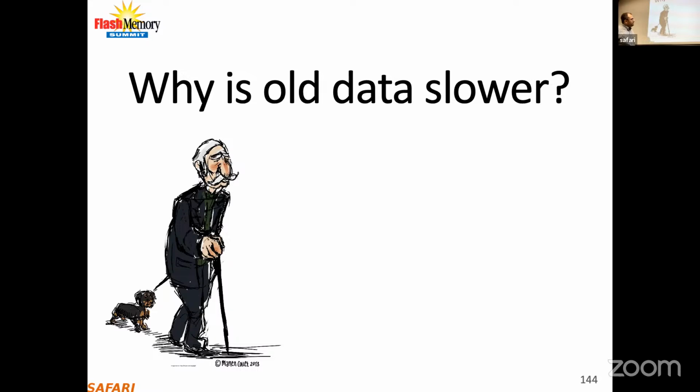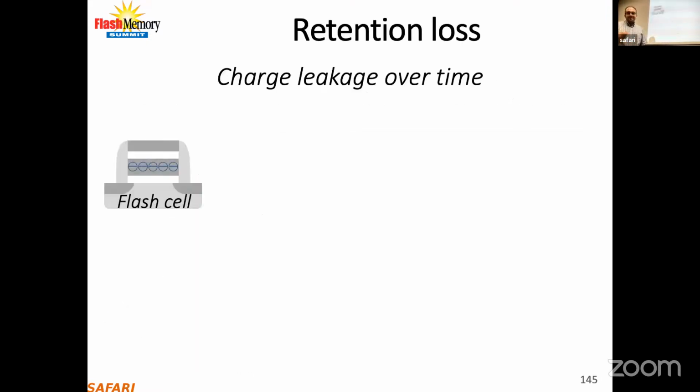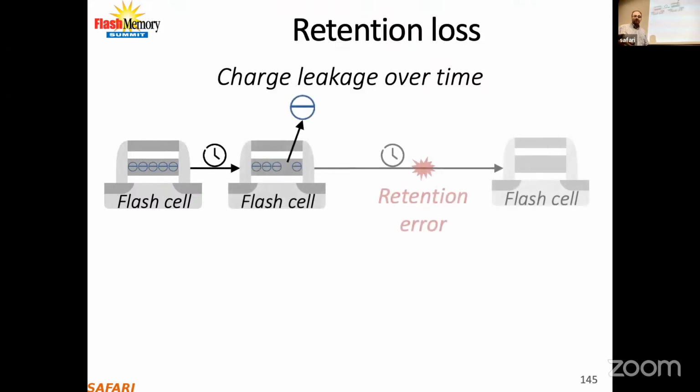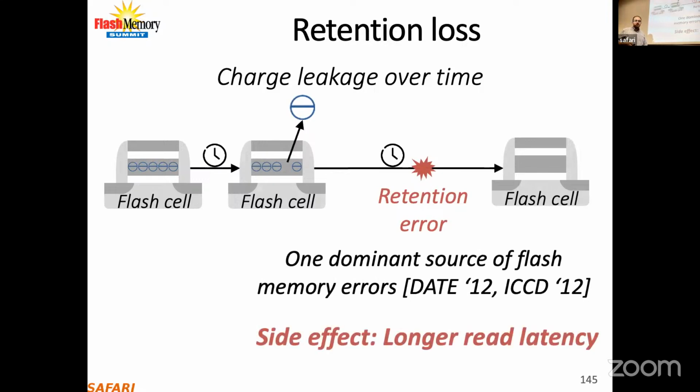So why is old data slower? The reason is retention loss: charge leakage over time. We already covered these, I don't want to go into detail again. So the side effect is not only about the reliability of the flash chip, I mean your SSD.